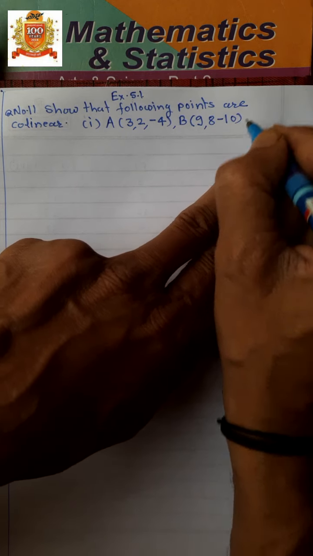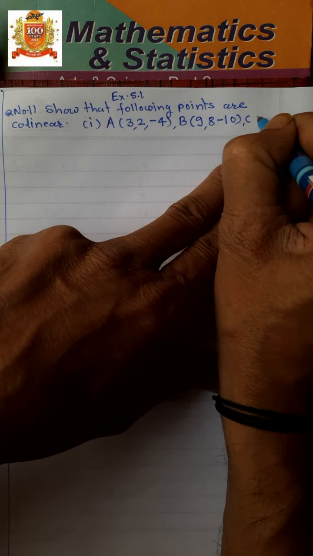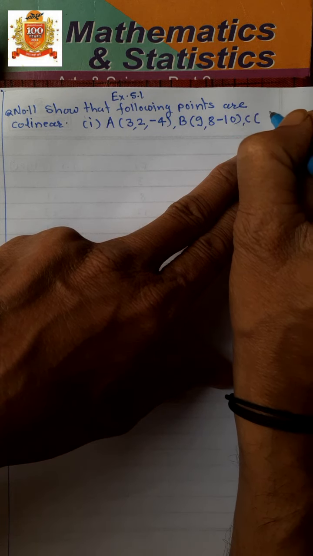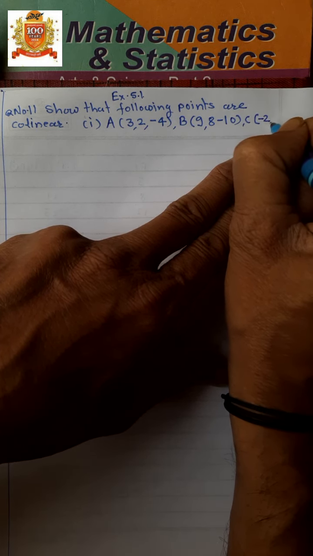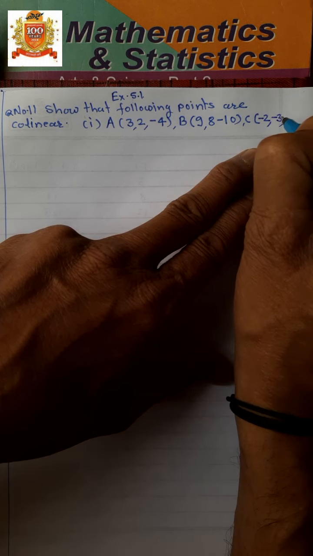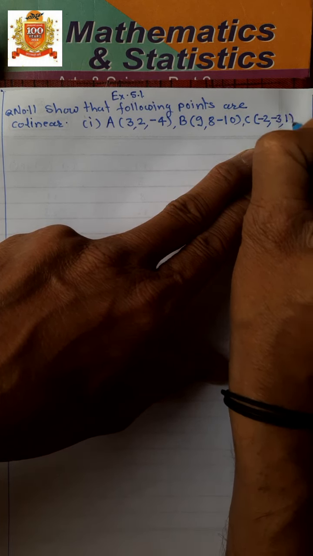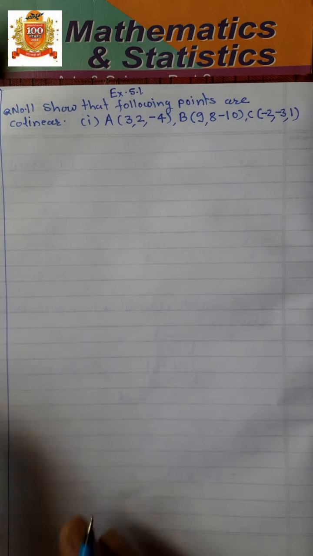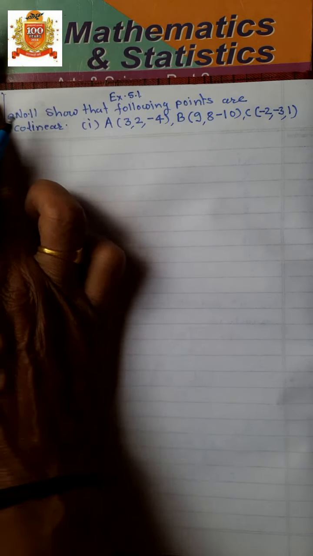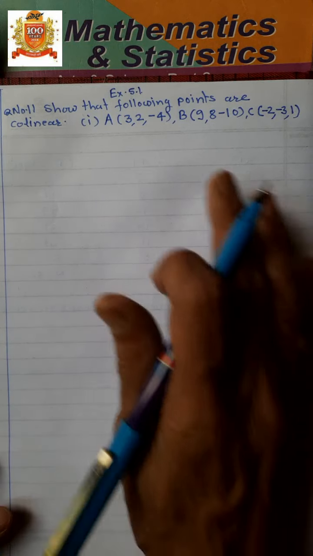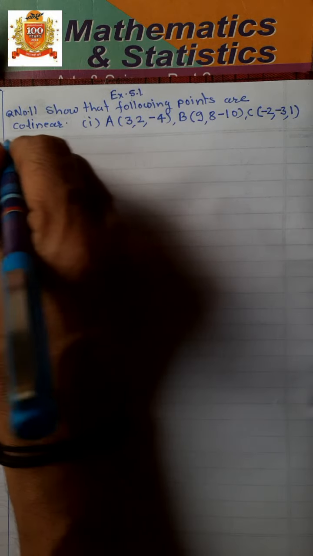And coordinate of point C is minus 2, minus 3, and 1. We have to see whether these points are collinear or not.